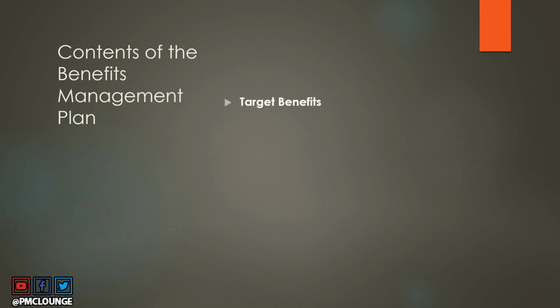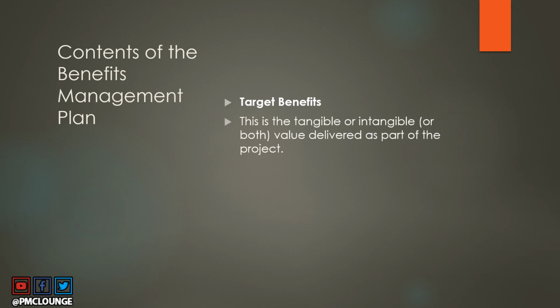The first thing is, what are the target benefits out of this project? So this could be tangible or intangible or even both. What is the value that is being delivered as part of this project? Like I said earlier, the value could be in the form of a product, a service, a result, or any other business value that the project delivers.